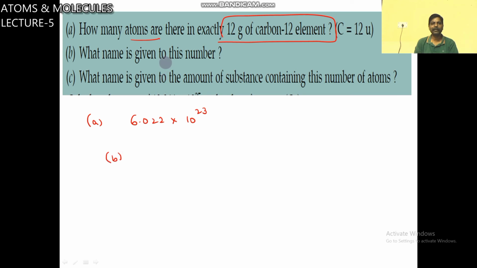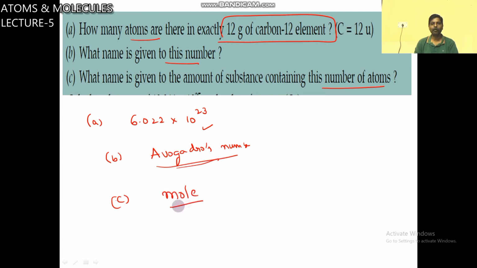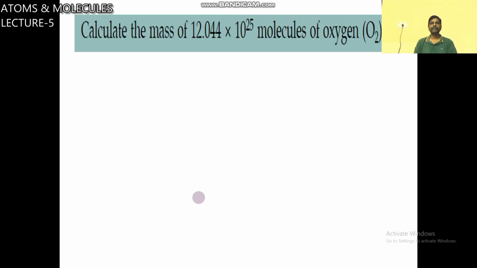What name is given to this number? Avogadro's number. What name is given to the amount of substance containing this number of atoms? Mole. Understood? Next question.